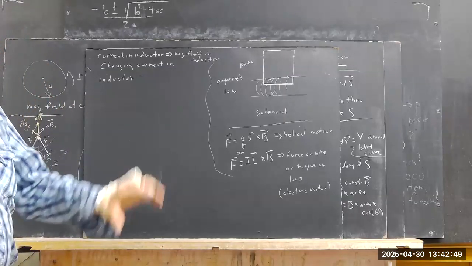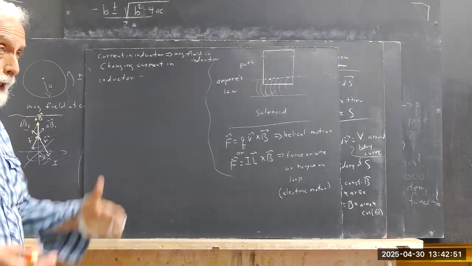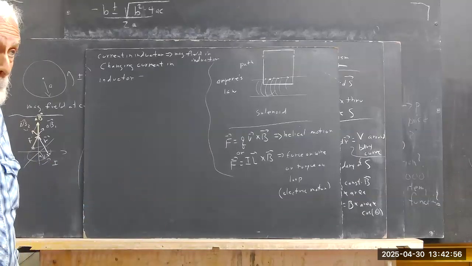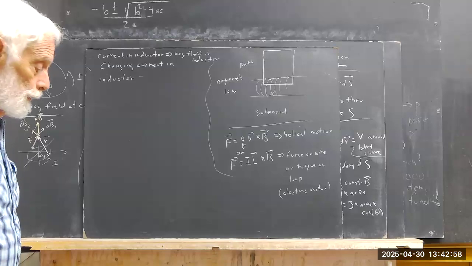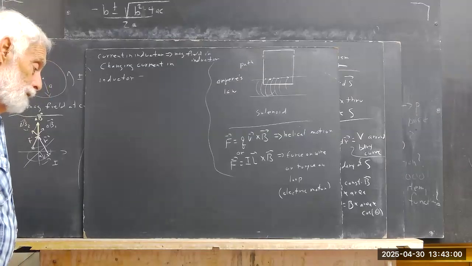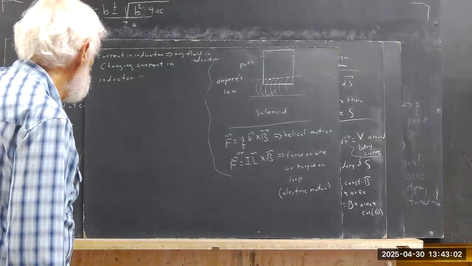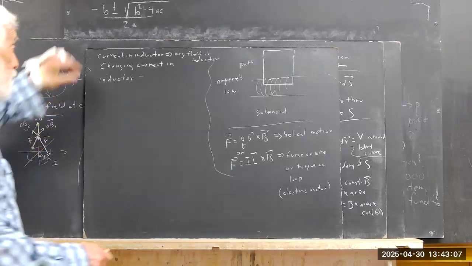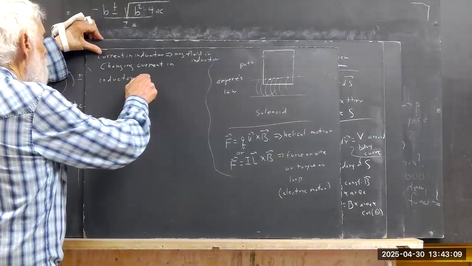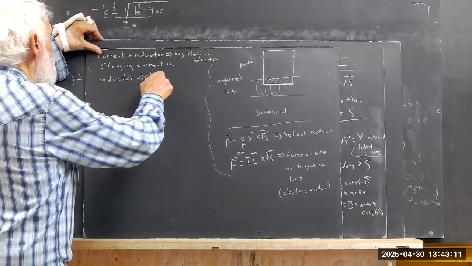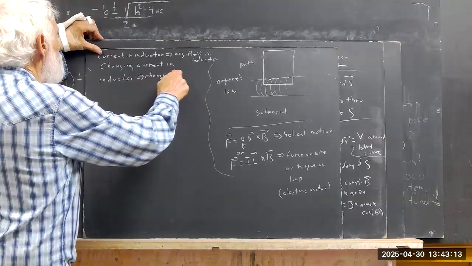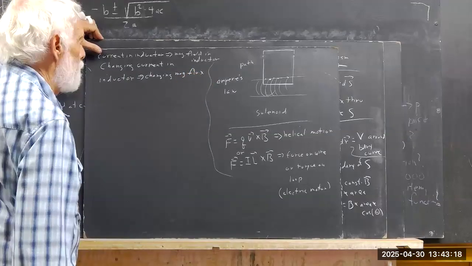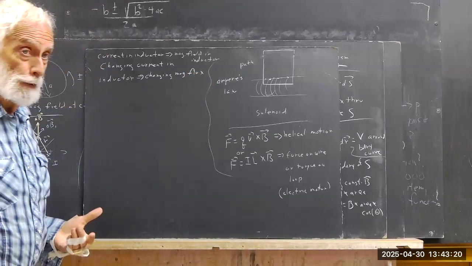And if you put a chunk of metal in there, it'll enhance the magnetic field, maybe by a factor of 100, or ideally, in many cases, even 10 to the third. Anyhow, now if you've got a change in current in an inductor, that implies a changing magnetic flux in the inductor.